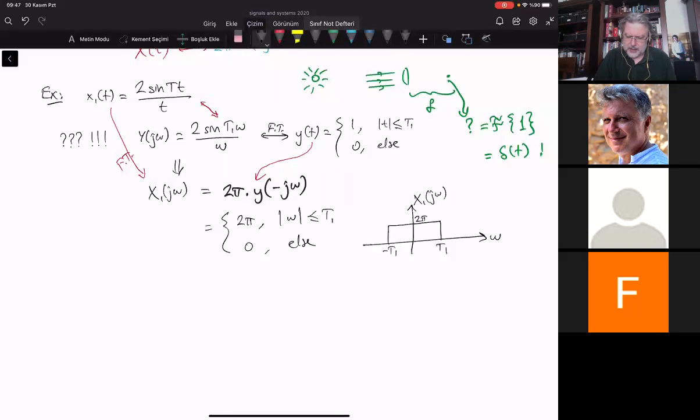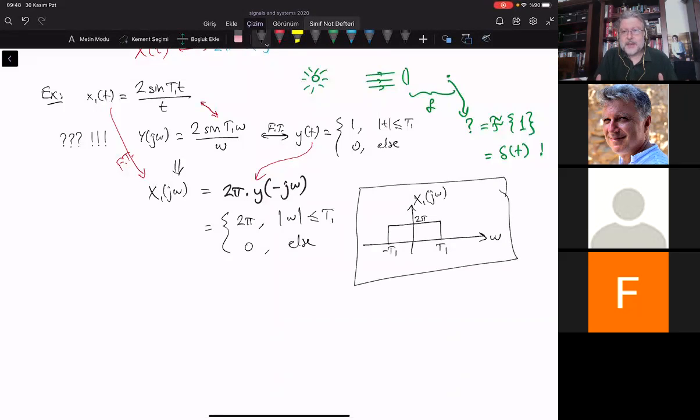And I'm writing T1, but T1 is equal to T. So maybe I should correct at the very beginning: x1 of t is equal to 2 sin T1 t over t. So this is the Fourier transform that we have.